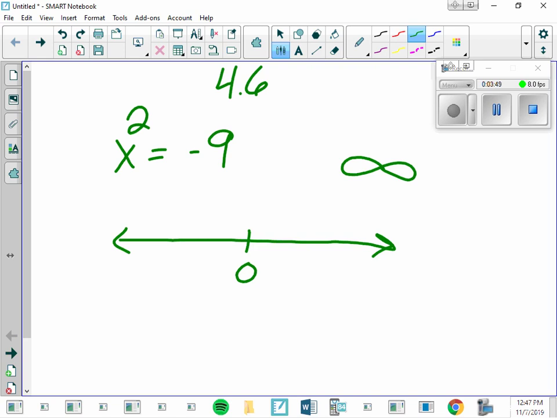So infinity is a non-real number. It doesn't mean it doesn't exist, but it's not found on the real number line. Okay? And of course, the other number you know of that is not on the number line is its brother, negative infinity, which is on the left side.